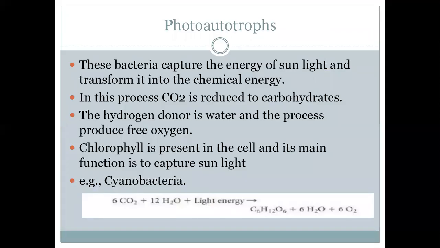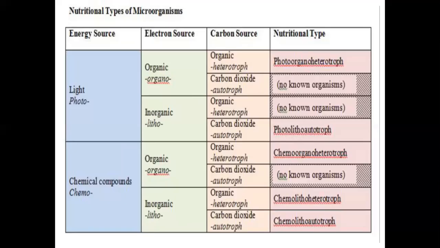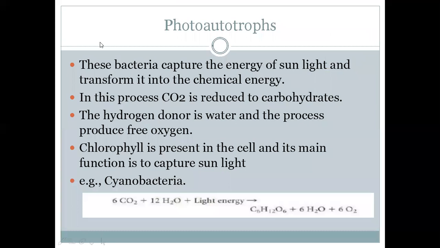Now let us study each category of microorganisms in detail. Coming to the first category, first let us see about photoautotrophs. As the name shows, photo and autotroph, definitely photosynthesis is involved in this category, right?